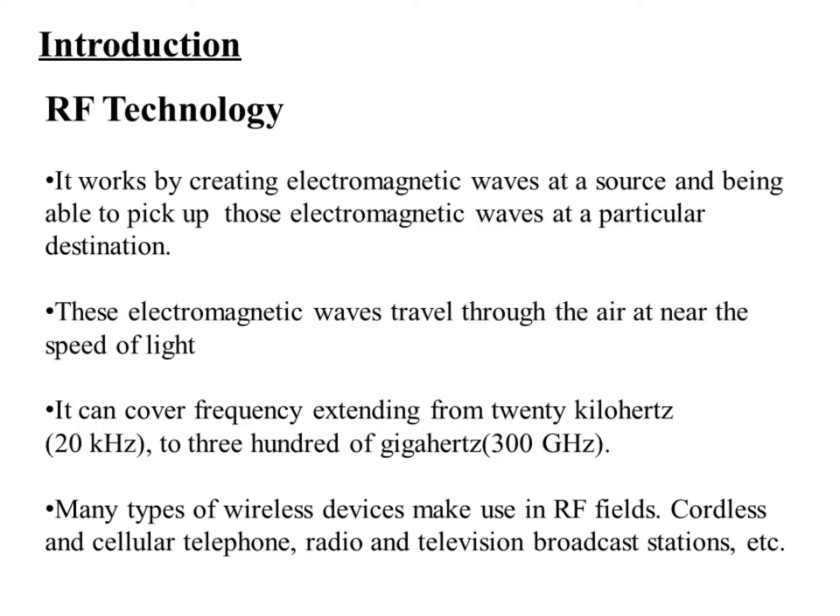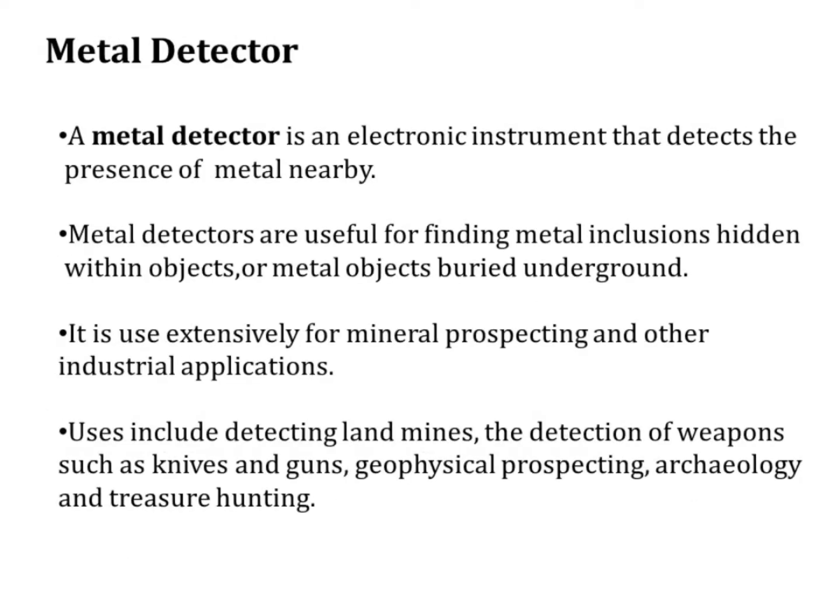There are many devices we use in our daily life which use RF technology, for example, telephone, radio, television, and many more. Our next topic is metal detector. A metal detector is an electronic device or instrument that detects the presence of metal near it.